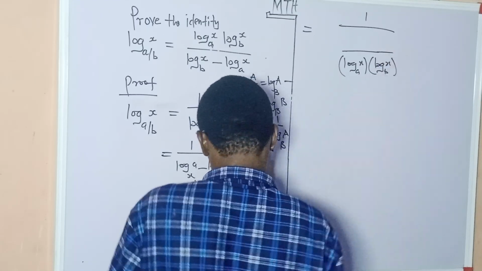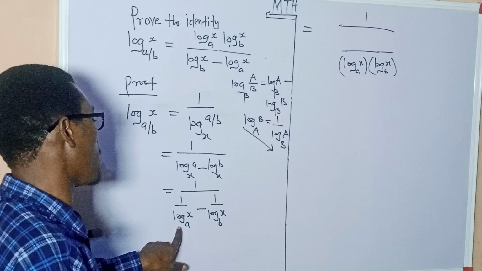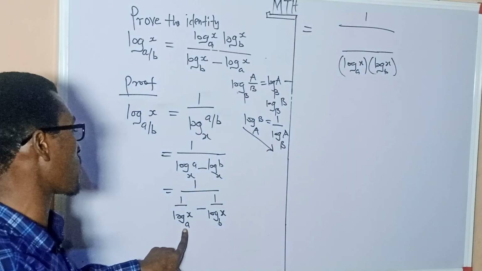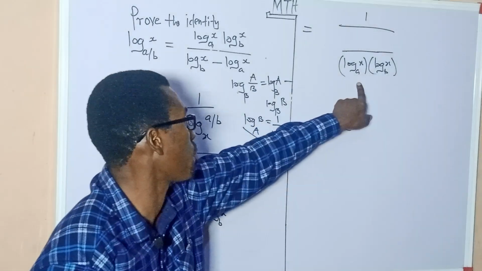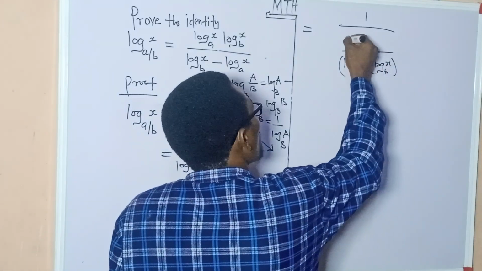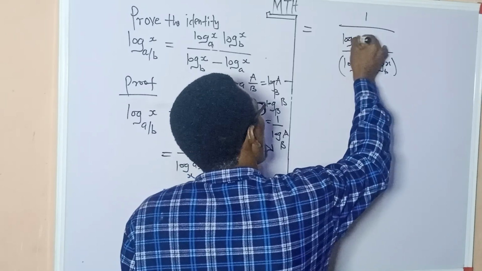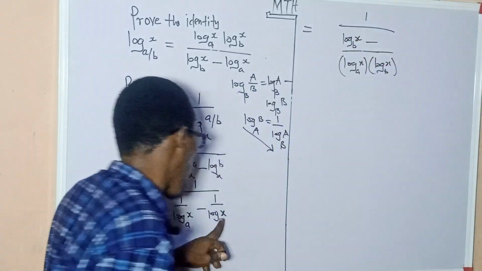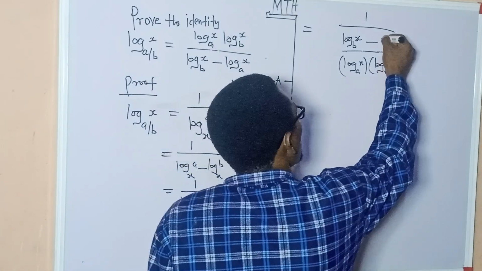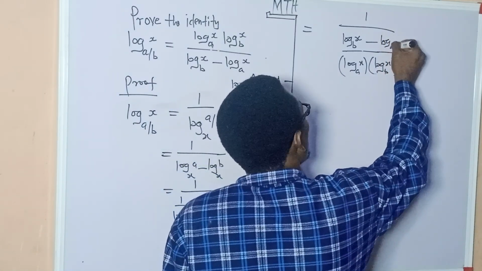When this divides into the first expression, we are left with log to base b of x, minus, when this in turn divides into the second expression, we are left with log to base a of x.